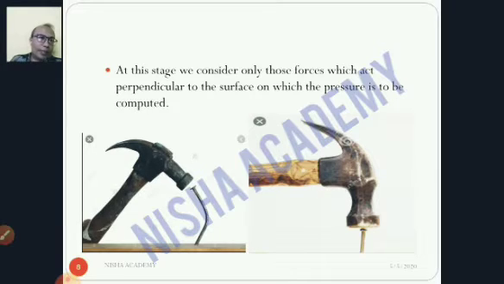But in this second figure you can see that the nail is very much perpendicular to the wooden block. So in this standard 8 we are limited in our study, for we are considering only those forces which act perpendicular to the surface on which the pressure is to be computed.